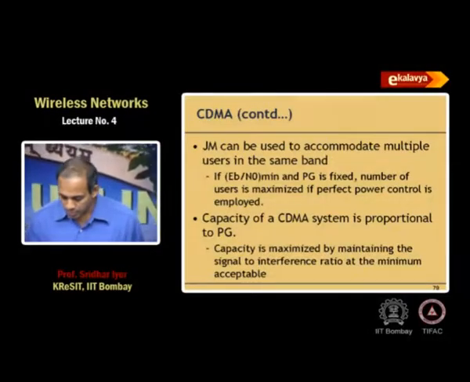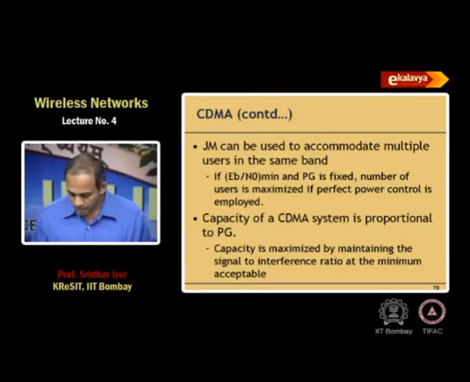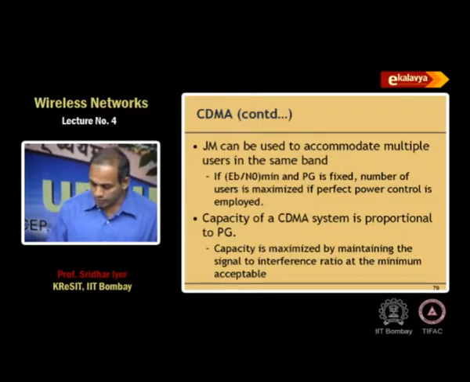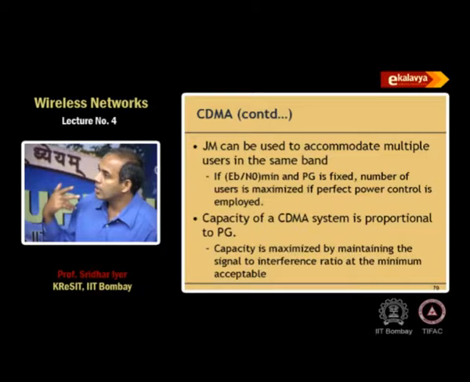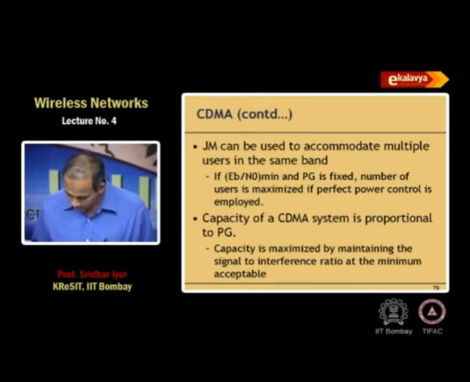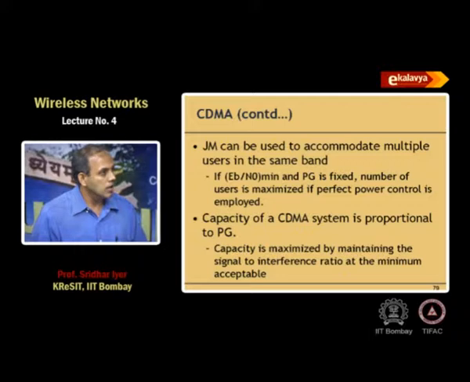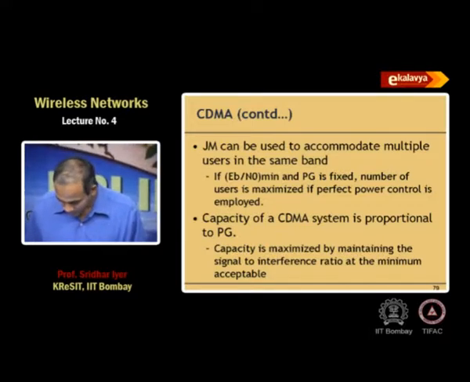The jamming margin can be used to accommodate multiple users in the same band. If Eb by N0 min and the PG are fixed, then the number of users can be maximized if we are doing perfect power control. Capacity is maximized by maintaining the signal to interference ratio at the minimum acceptable level, all right.